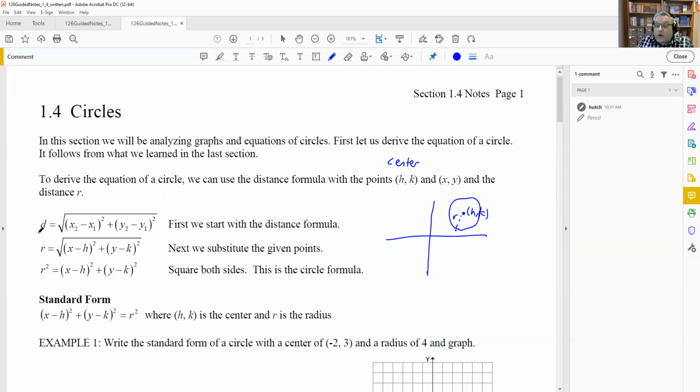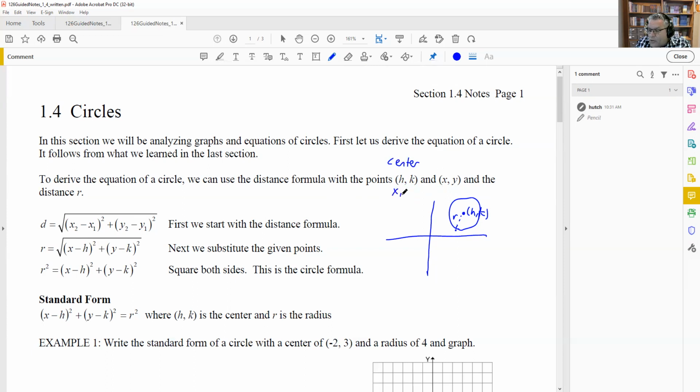We're taking the distance formula that we already learned about on the first day of class in 1.1. And then we're going to put in the HK and the X and the Y into each of those. So basically this would be my X2, Y2, and X1, Y1 would be there. Actually, I think I reversed those the way I set this formula up.